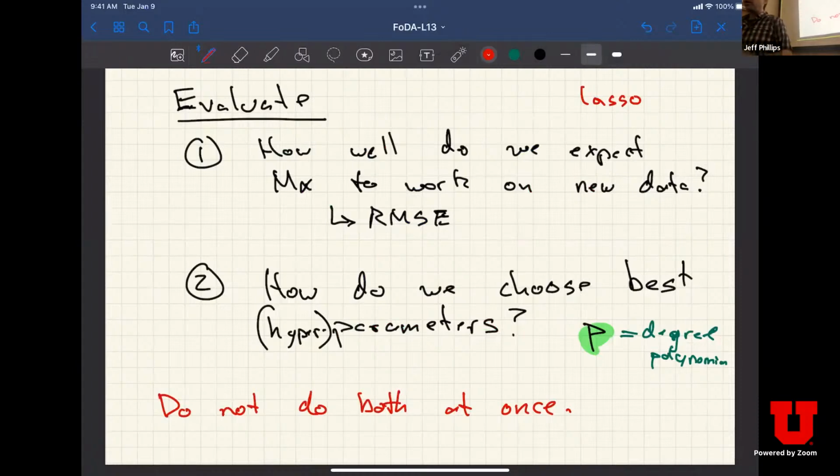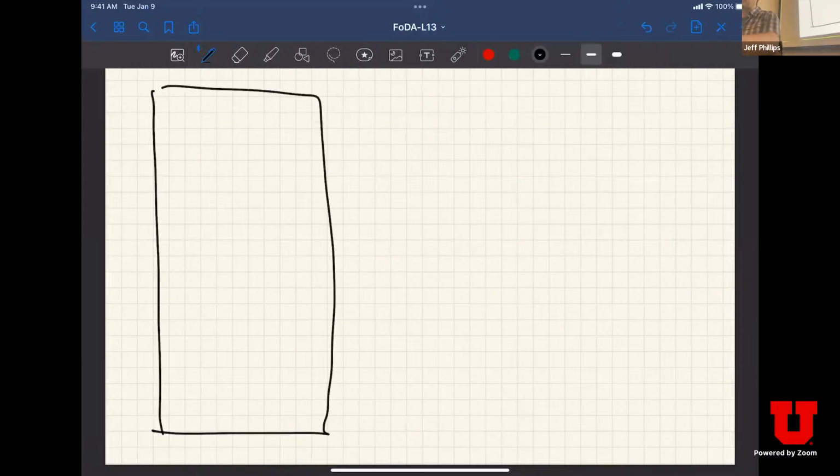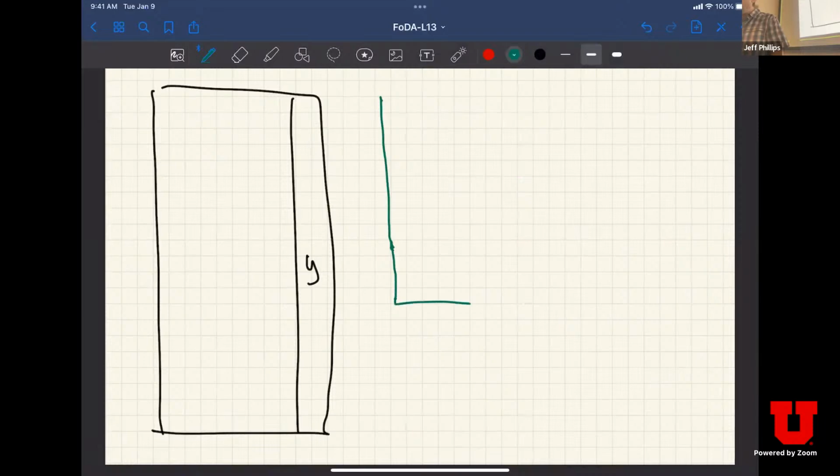So if you actually want to do both of these things, you need to do a three-way split. There's different terminology for this. I don't remember what I called it in the book. So we have this Y, and now we're going to have three different data sets. Often when you do this, you might do 80-10-10, often when you have a lot of data.